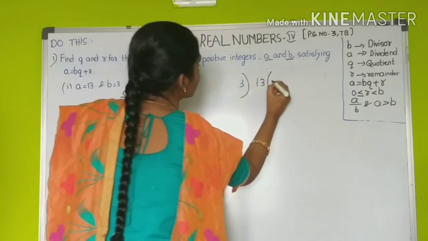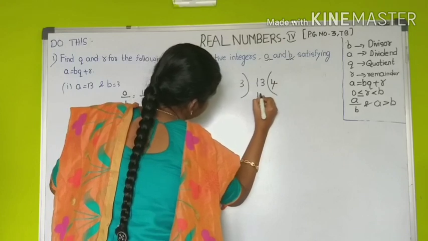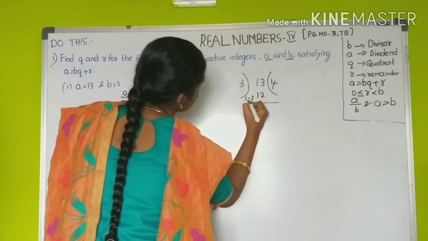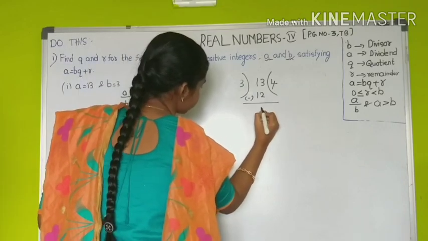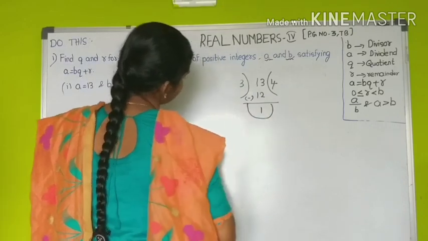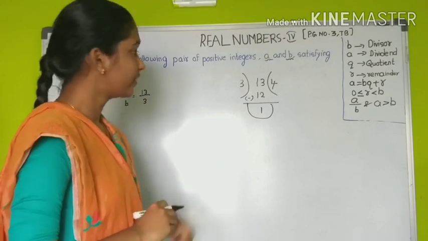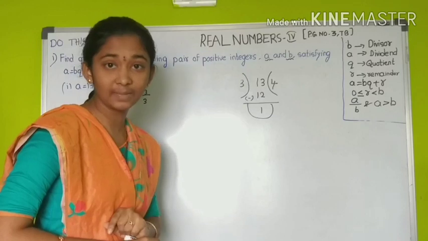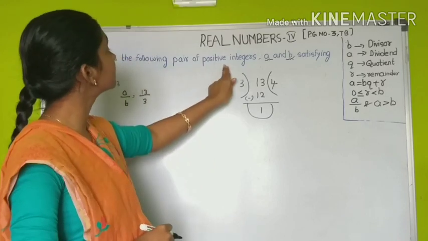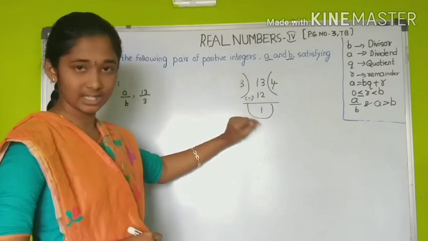So we write here 3 fours are 12. And what is the value of 13 minus 12? 13 minus 12 is 1. And we stop the division here. Why? Because if we continue further, they will become decimal numbers, but the condition is that they should be only integers. So we stop the division.